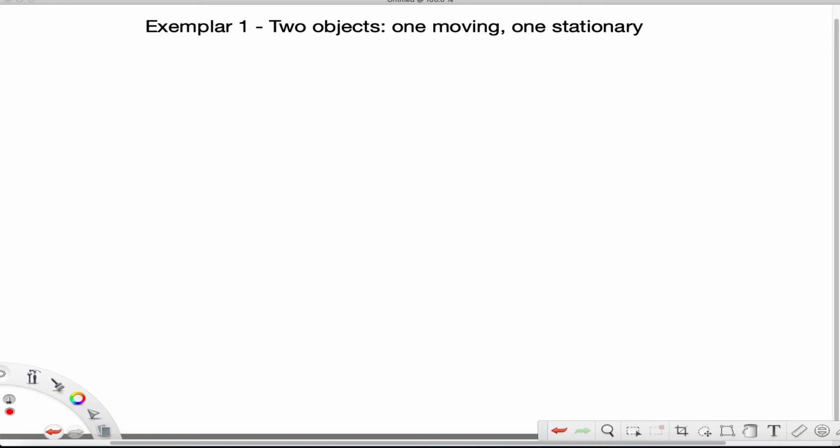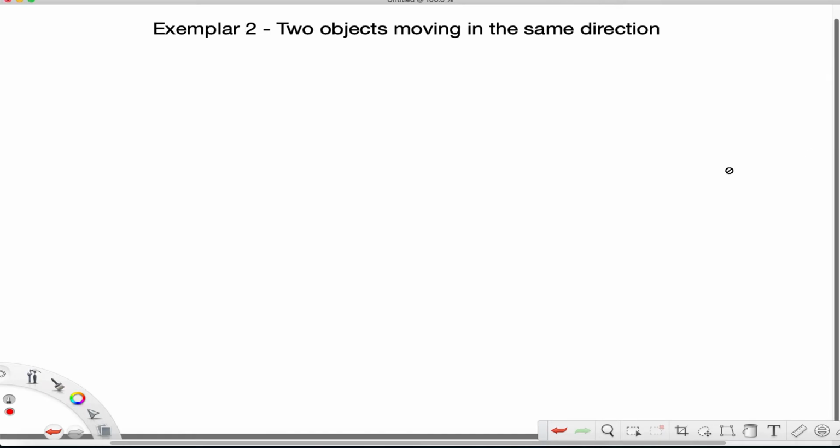So let's now consider two objects moving in the same direction. Let's say we've got 1 kilogram at 1 meter per second.